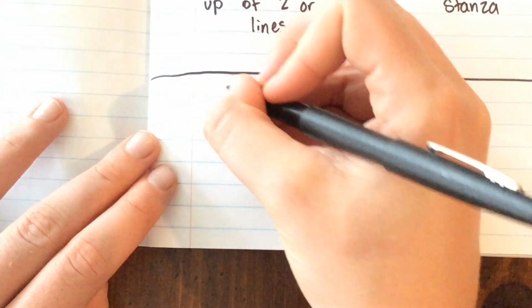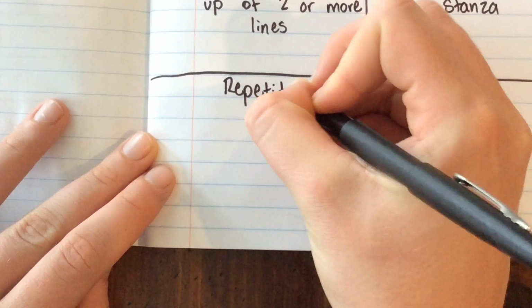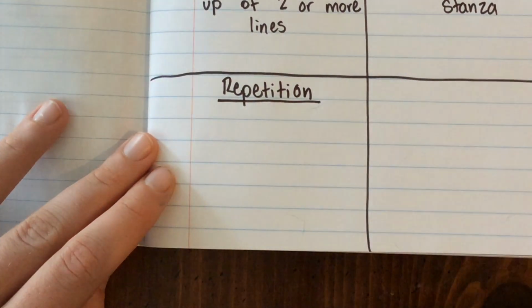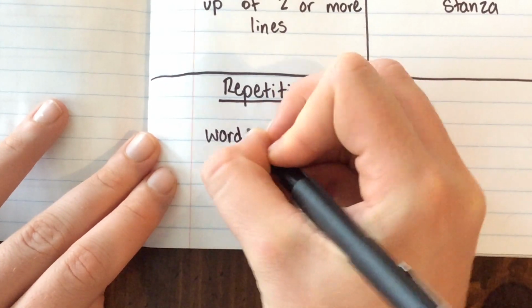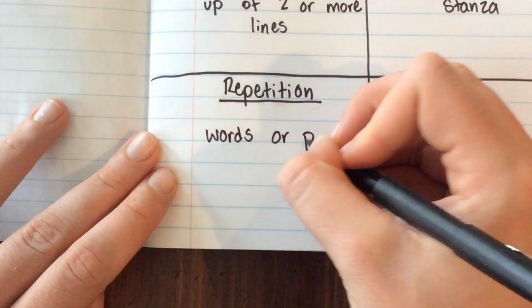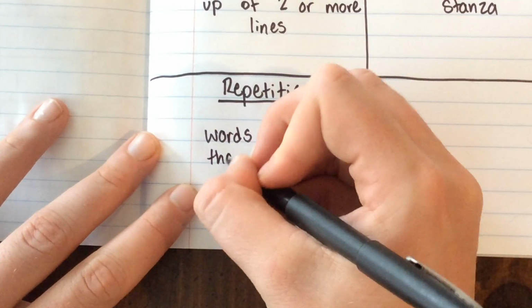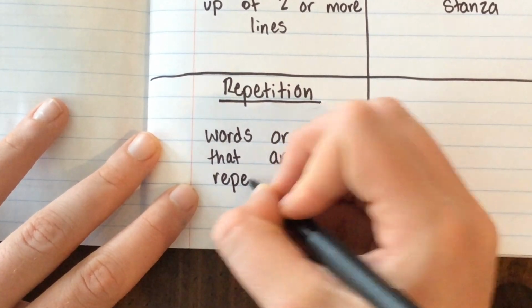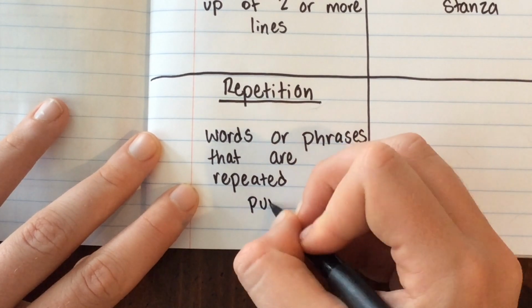We then have repetition. Repetition. And these are words or phrases that are repeated on purpose.